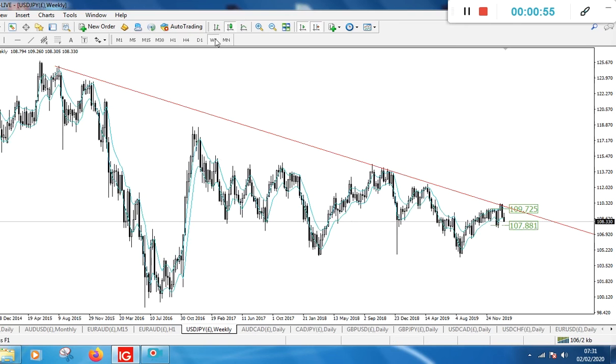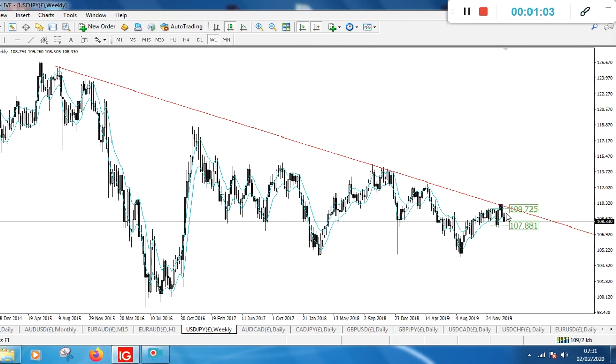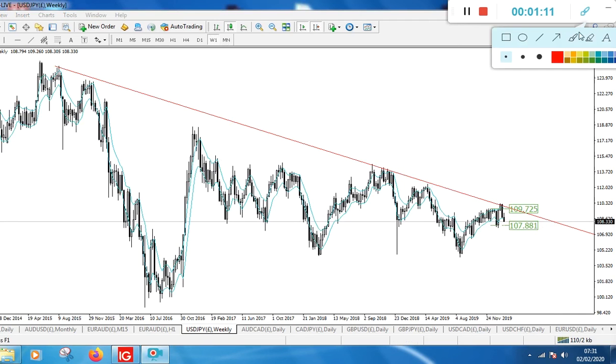As you can see, it's tested the trend line on the weekly and monthly. It's pretty much the same. And now it is going down. I'm probably going to wait to see how it goes when this tests. If it's going to come down this low down here, and see how it's going to react.